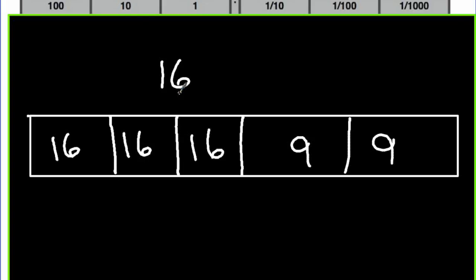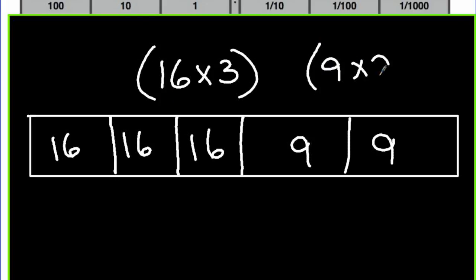What's it tell me about my 16s? There's 3 of them. So how do I write that? And then 9 times 2. What's going to go between the 2? How'd you know to put an addition sign here? Because it says the sum.